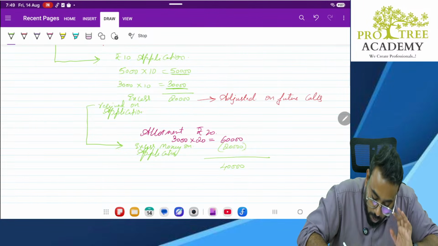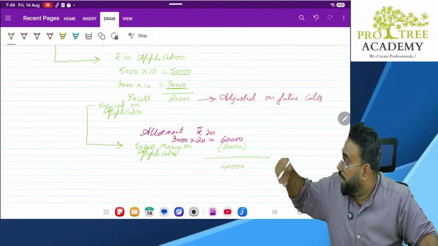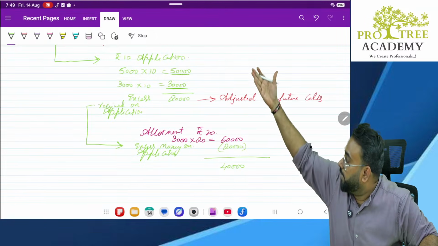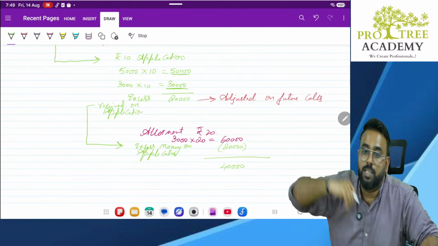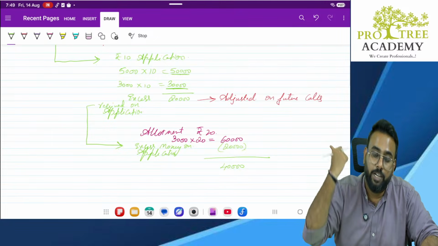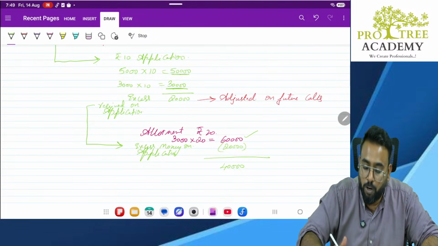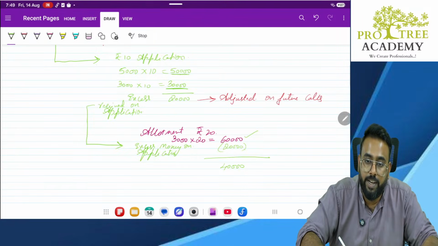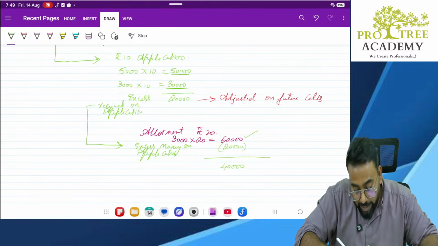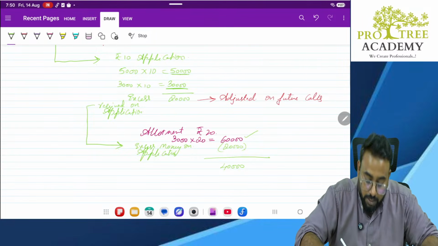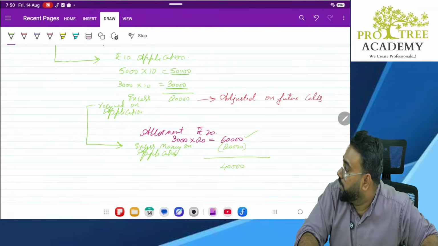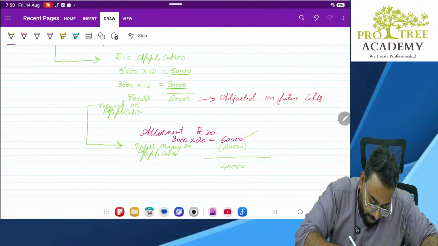Because out of 60,000, I have already received 20,000 earlier. That 20,000 I am going to adjust against the new money which I need to receive. This was money receivable on allotment, but I will not receive the entire 60,000, because I already have excess money of 20,000, which will get adjusted against that 60,000, and only the balance will be received.